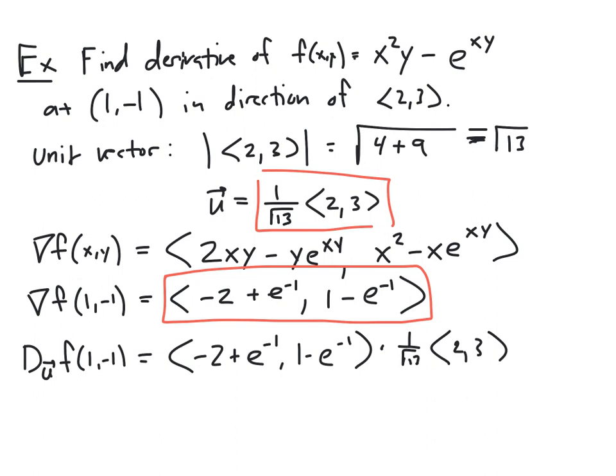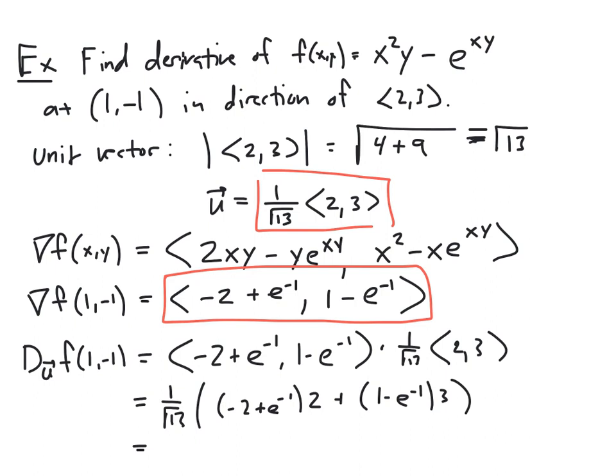And this is where keeping the scalar out front is actually beneficial to us. Remember, one of the properties of dot products is that if one of the vectors is scaled by a scalar, we could actually pull that scalar out front and take the dot product of the remaining vectors. And so when we do that, we're going to get -2 plus e to the -1 times 2 plus 1 minus e to the -1 times 3.